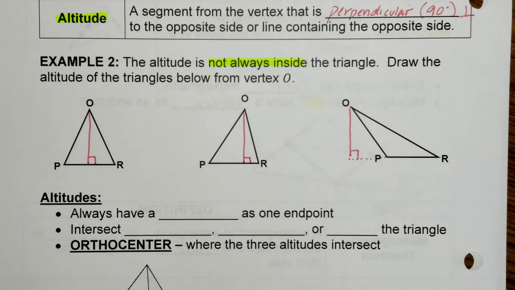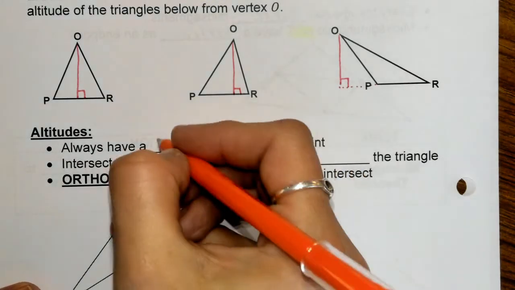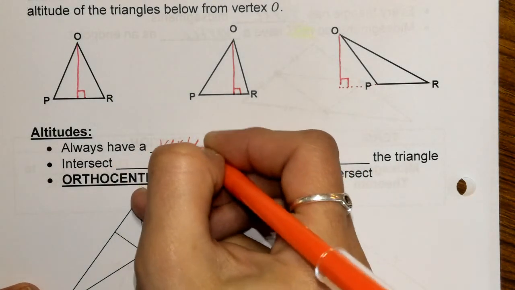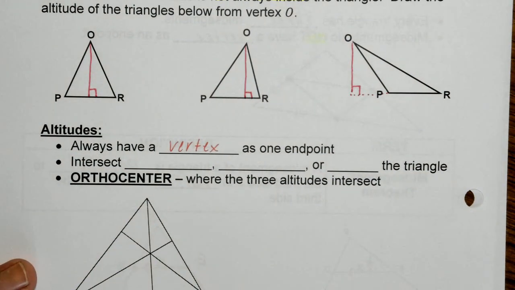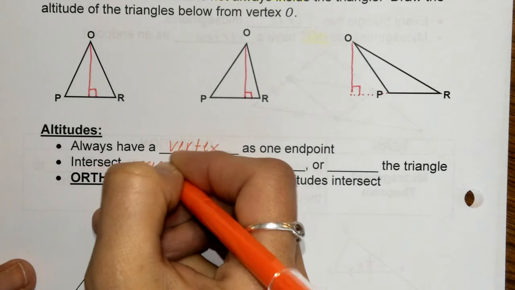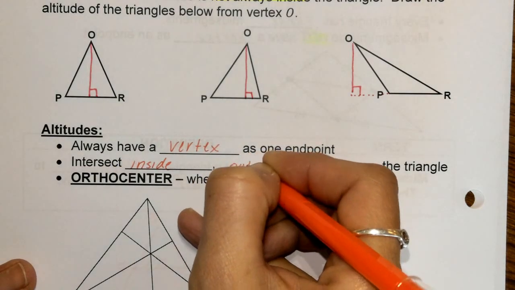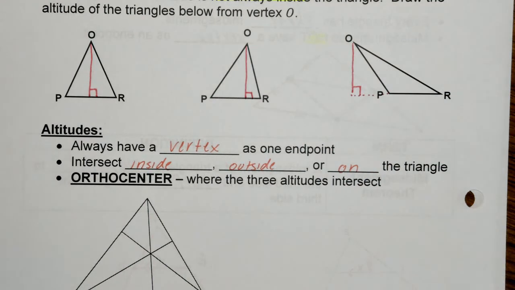So you need to be aware there are several different ways you can see altitude on the triangle. Okay? Your altitudes always have a vertex as an endpoint. As I stated earlier, we're always going to come out of a vertex. The altitudes we're going to talk about here, we have 3 altitudes, just like the midsegment. These 3 altitudes can intersect inside, outside, or on the triangle, okay?